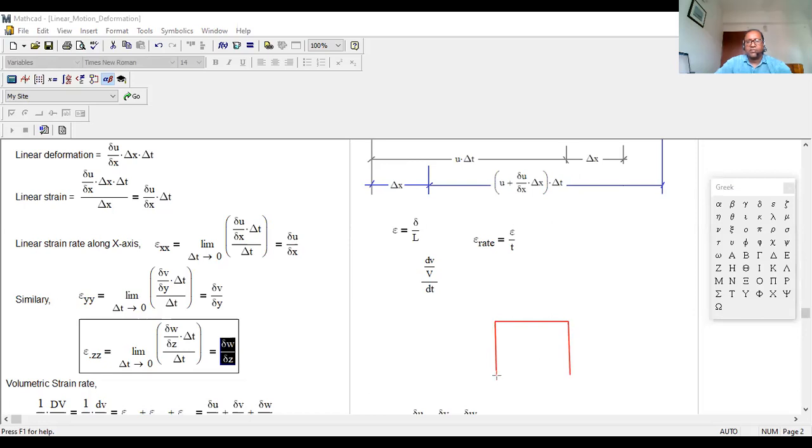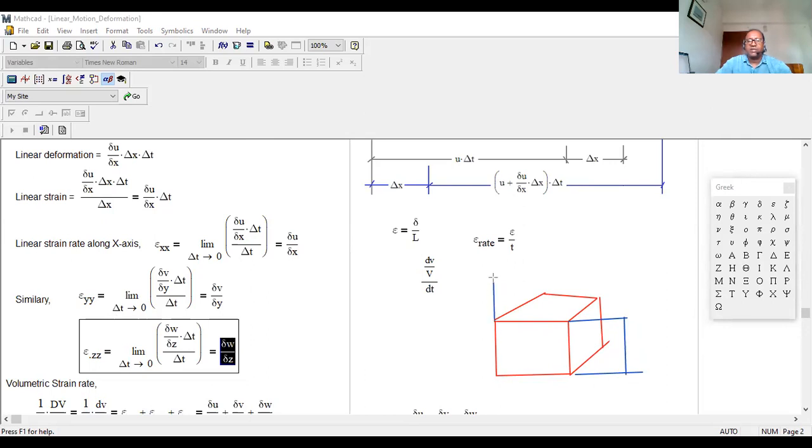It is a cube. So its size is increased along all axes. Along the x-axis, its length increased to this much.